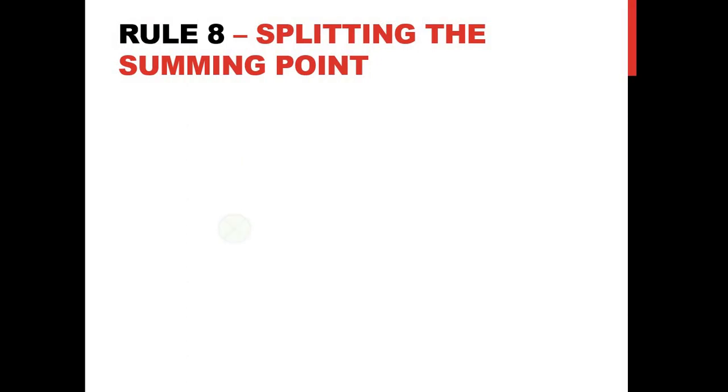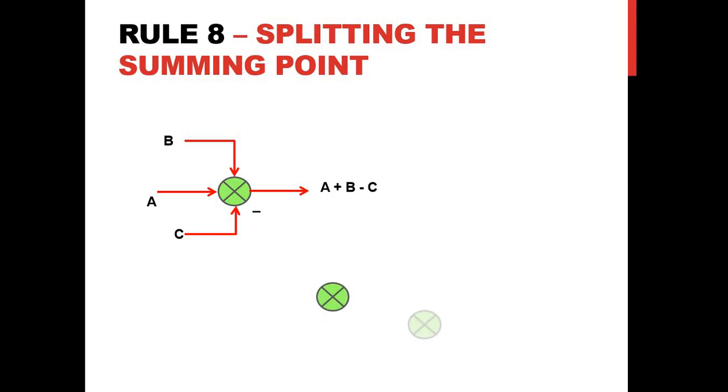Rule number 8, splitting the summing point. Now we are going to reduce one summing point into 2 summing points. We are going to split the summing point. Here we have a summing point with 3 inputs A, B and C. The output will be A plus B minus C. Now this summing point can be split into 2 summing points.